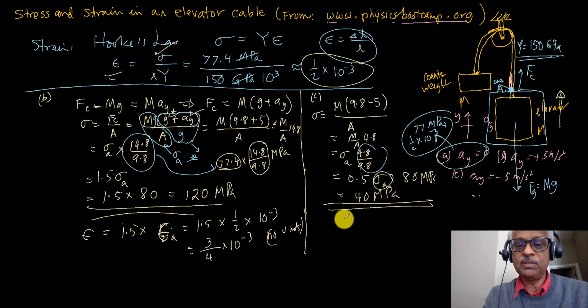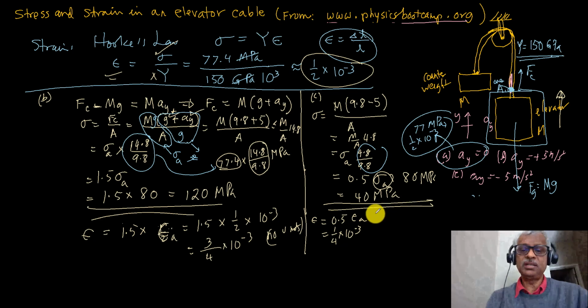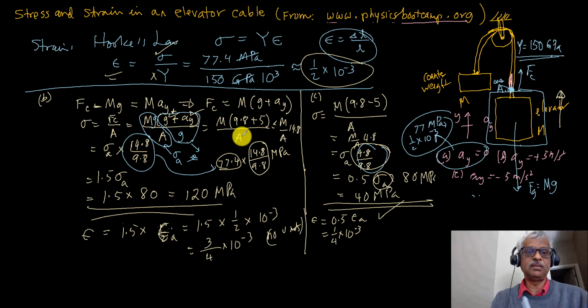In the other case, epsilon will simply be 0.5 epsilon in A, which is a quarter times 10 to the power minus 3. That's without doing any extra work. Once you get the scale you need, you can just carry it forward, and that solves the problem.